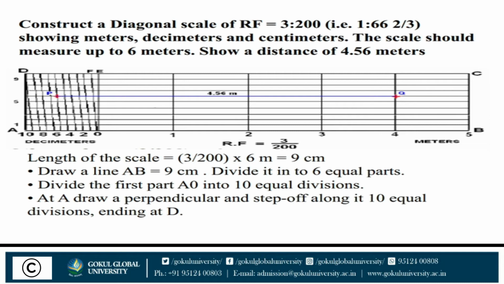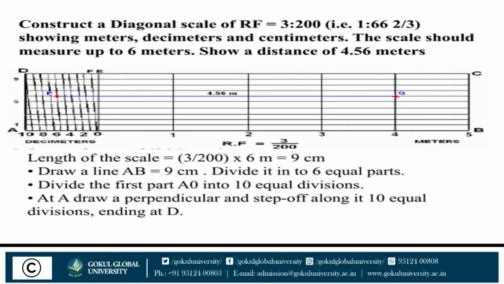RF is equal to 3 upon 200. Length of scale is 3 upon 200 multiplied by 6 meters, which is 9 centimeters. Draw a line AB equal to 9 centimeters.